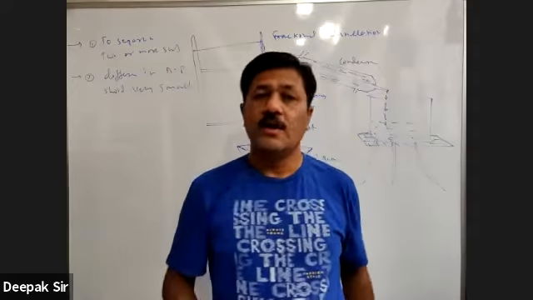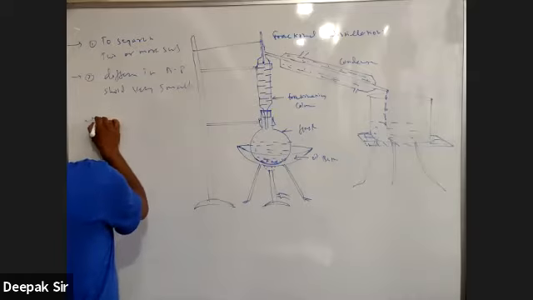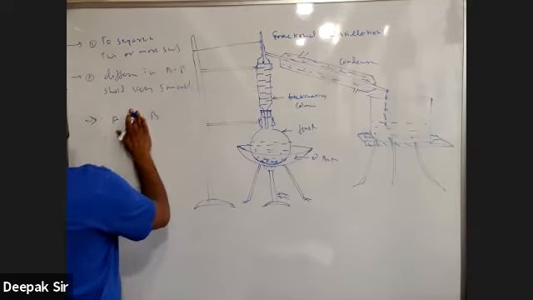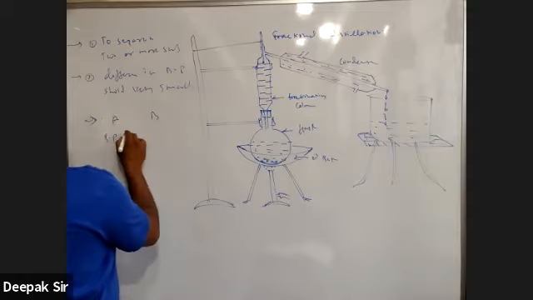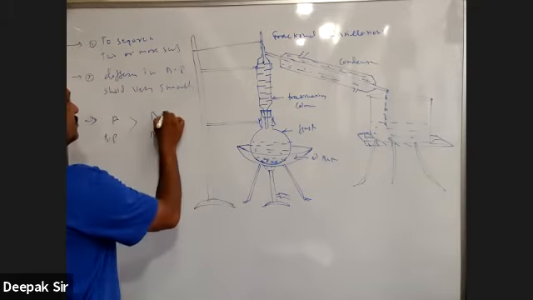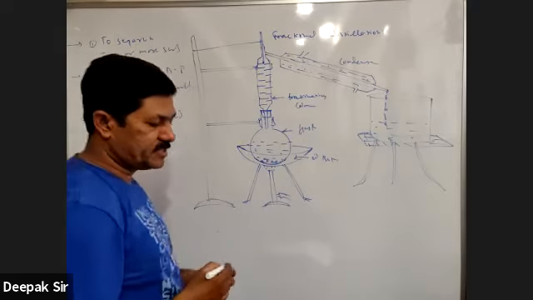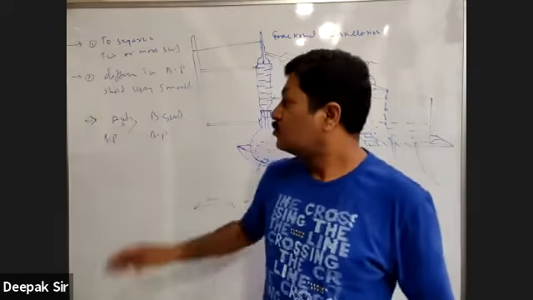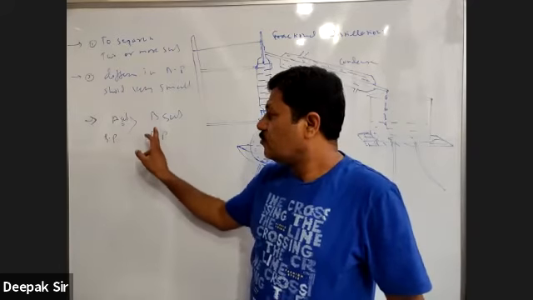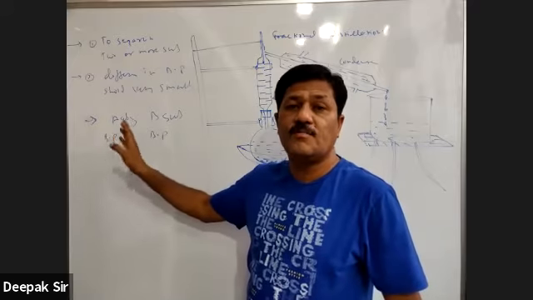Now, what is the procedure? Suppose we have substance A and substance B, and the boiling point of A is greater than the boiling point of B. So we have to separate substance A and substance B. The boiling point of A is greater than that of B, meaning B has a lower boiling point and A has a higher boiling point.